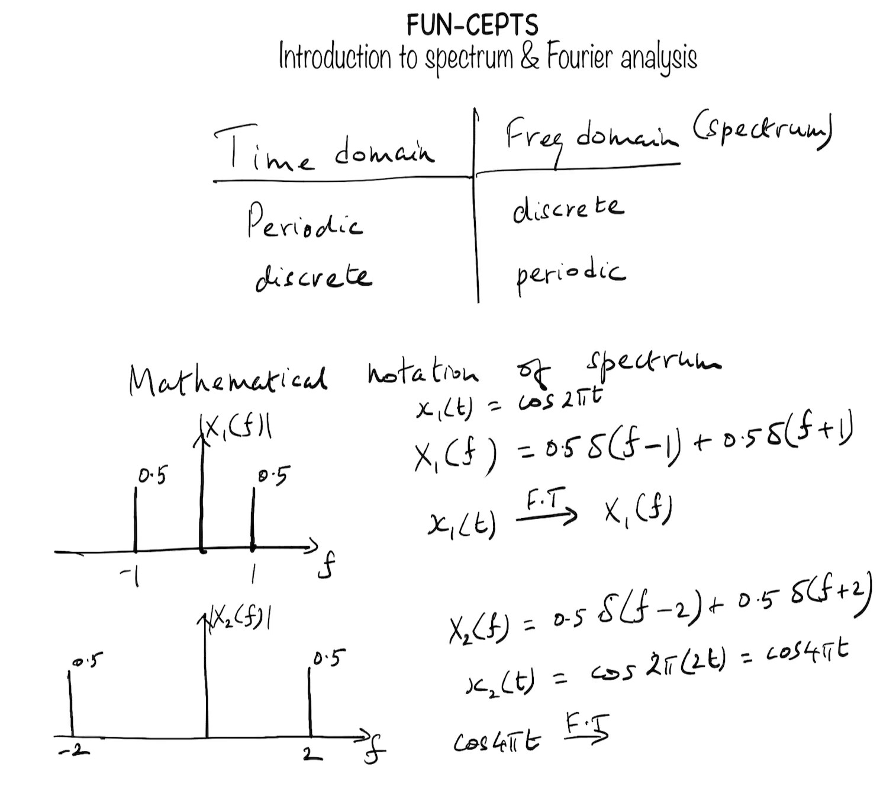So that would be 0.5 delta of f minus 2 plus 0.5 delta of f plus 2. Oh, it's not so clear, so let me just rewrite that. 0.5 delta of f plus 2.